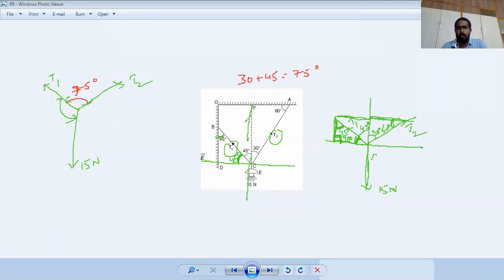This angle is 45 degrees, so this angle is 90 degrees. 90 plus 45, how much? 135. Next, tell me the angle between T2 and 15. 150.